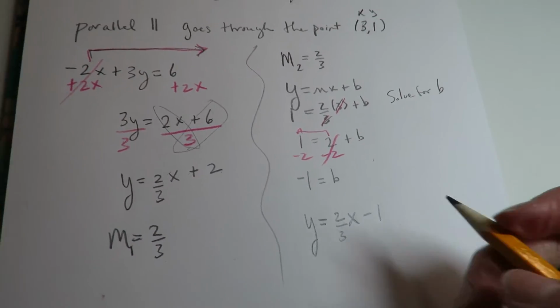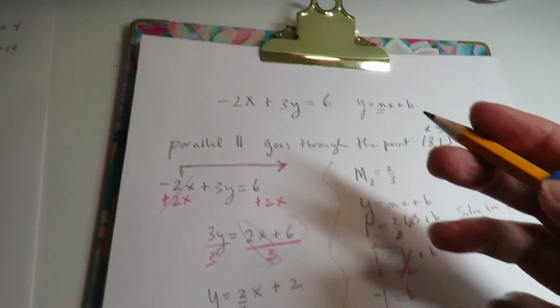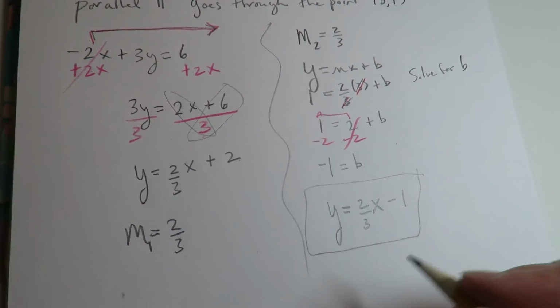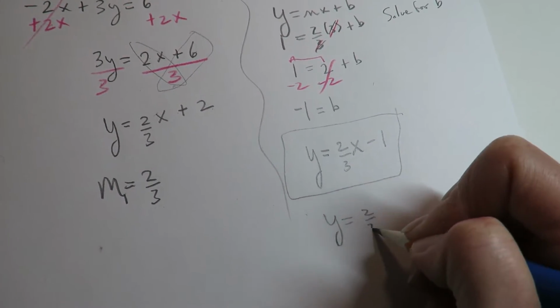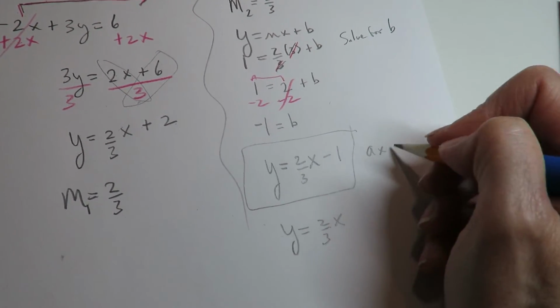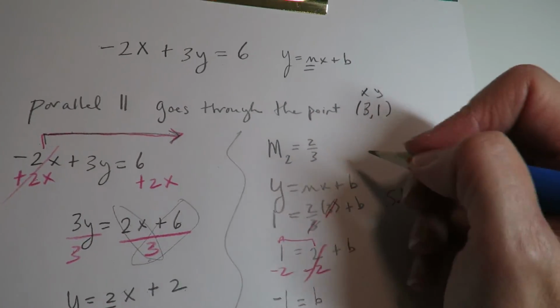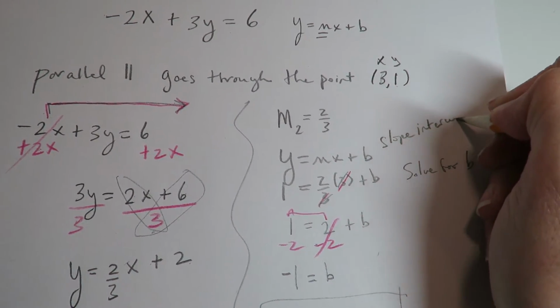This form is fine. If you do want to convert it to standard form, you would have to multiply everybody by 3. Let me just write this down here. Standard is ax plus by equals c. The form that I have here is called slope intercept.